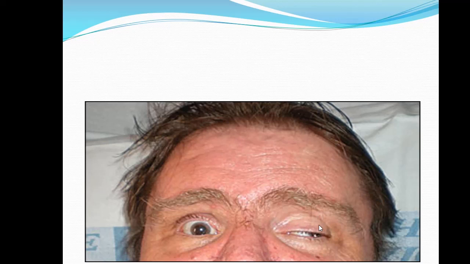We can also see the deviation of the eyeball. The eyeball is deviated outward and downward. There is ptosis. The eyeball is deviated downward and outward. So can you guess what the abnormality can be?